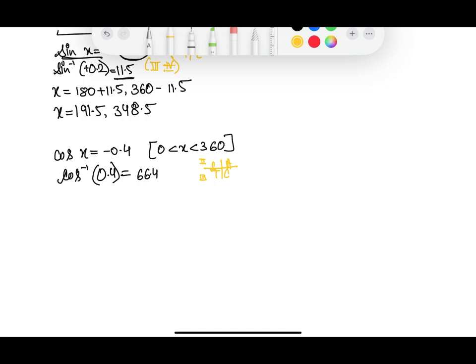That's the best thing. So x is equal to 180 plus 66.4 and 180 minus 66.4, which is 113.6 and 246.